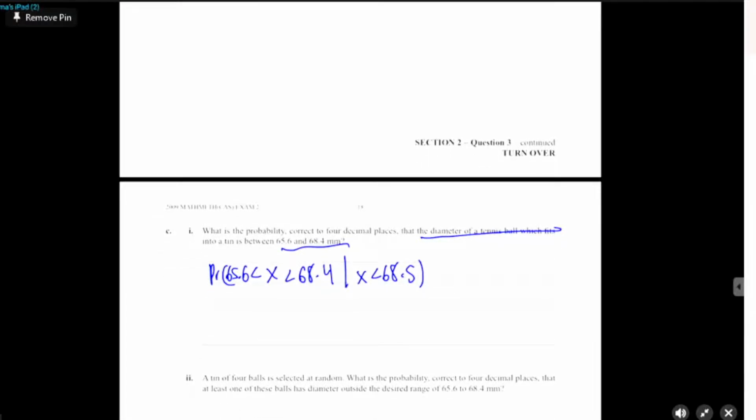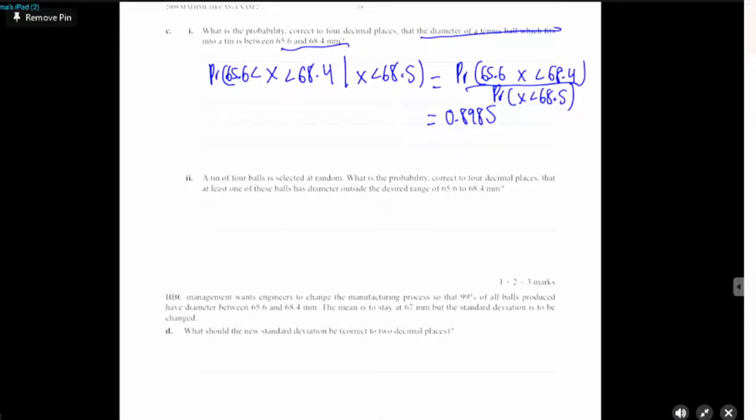And when you evaluate that, you get probability x is between 68.4 and 65.6 divided by probability x is less than 68.5. And then when you evaluate that, you get 0.8985 as your answer.